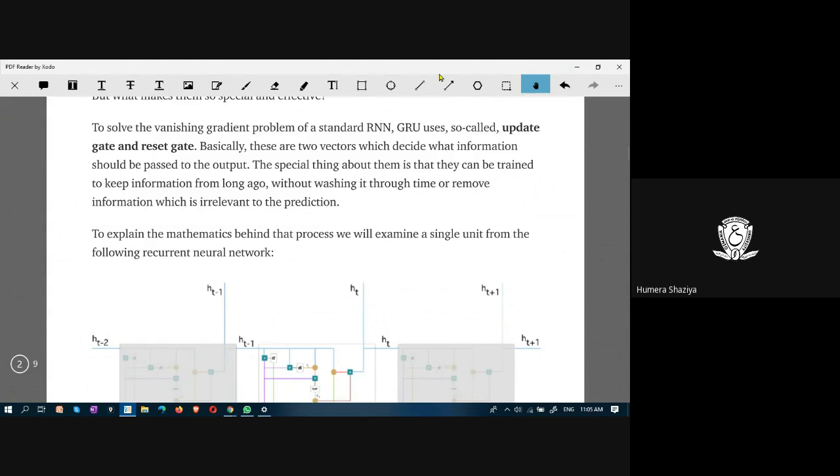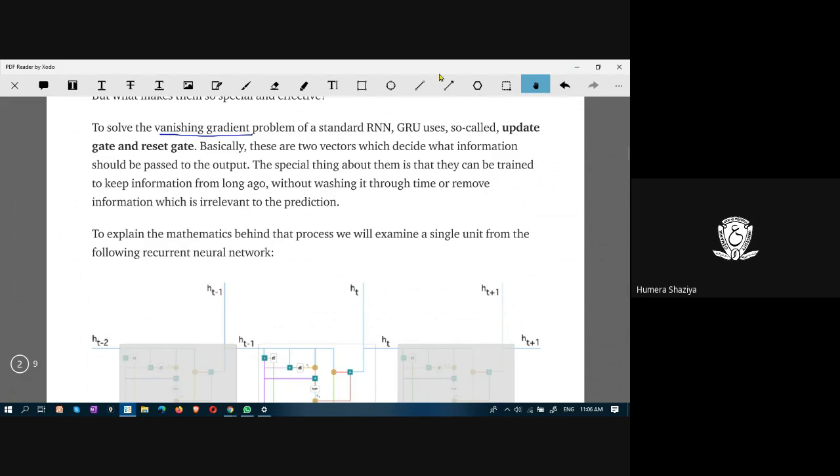RNN suffers with the problem of vanishing gradient. As the learning process moves ahead and the data moves forward from left to right, the gradients generated from back propagation and weight updates become so low that the weights do not contribute in the learning process in further cycles of training.